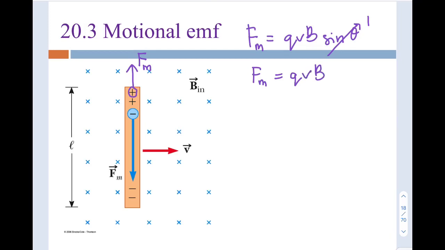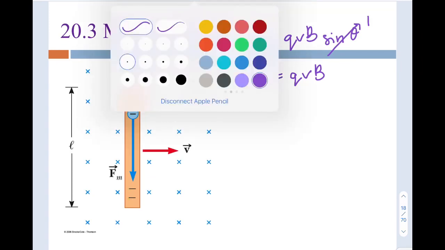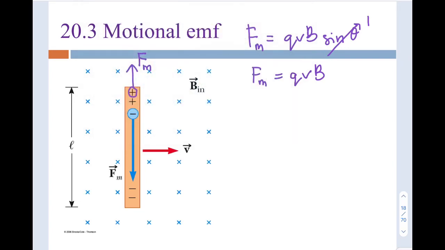Since positive charge is accumulated on the top and negative charge on the bottom, an electric field in this direction is going to be established within this conductor. The F from the E experienced by the electron will be QE.